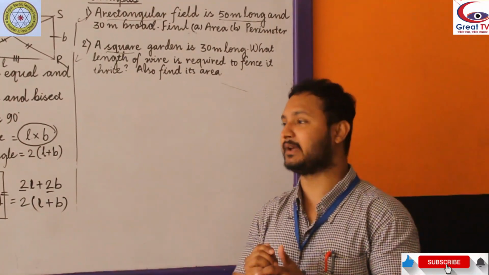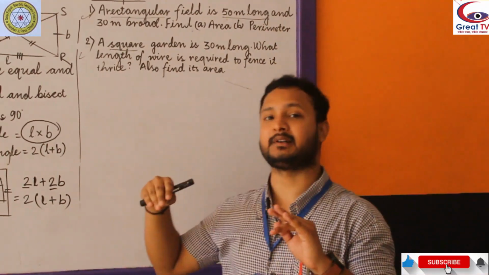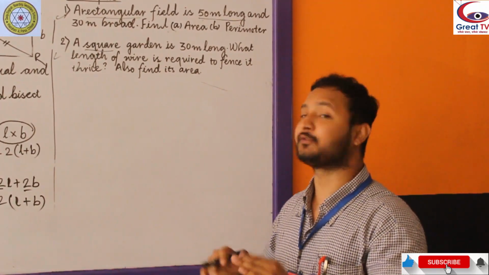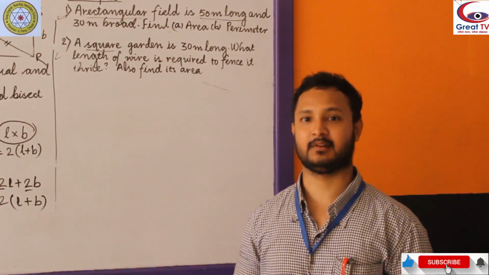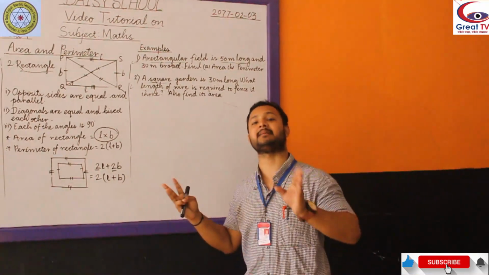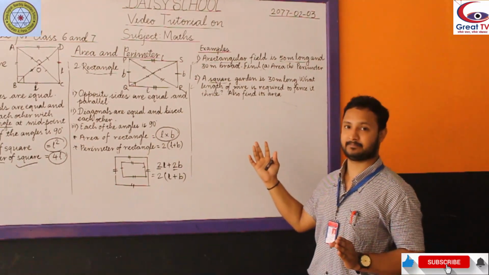If we have to fence that square garden having 30 meter length, then how much wire is required to fence it thrice? Not one time, not two times. If we have to fence it 3 times using wire, then what would be the length of that wire?